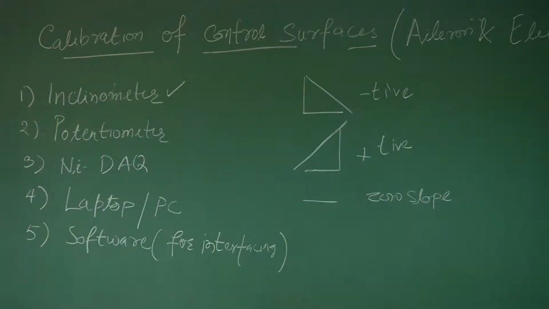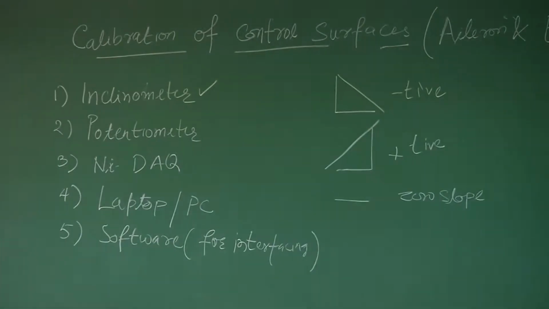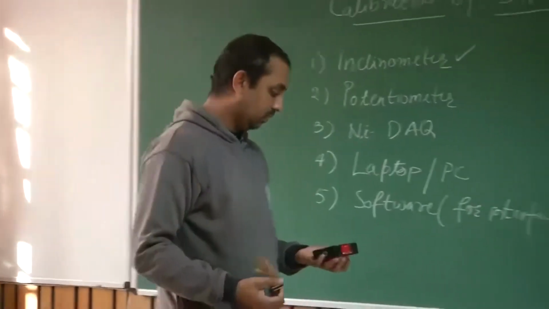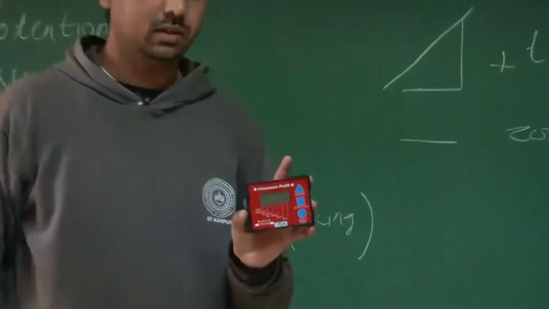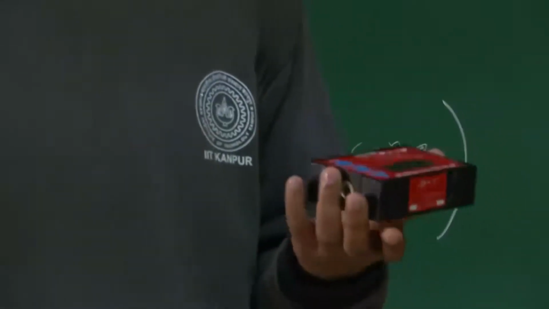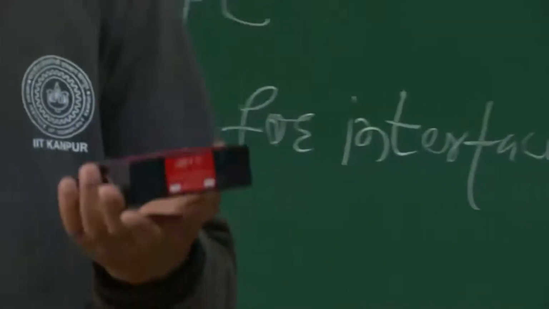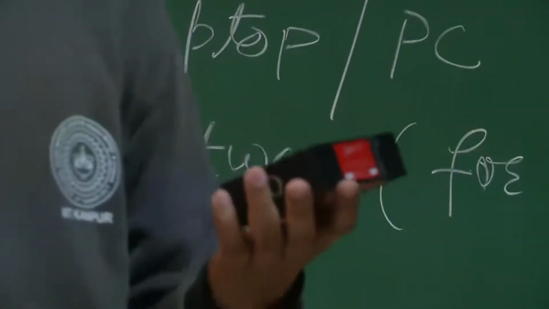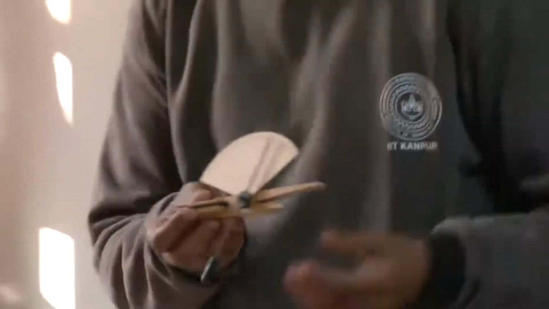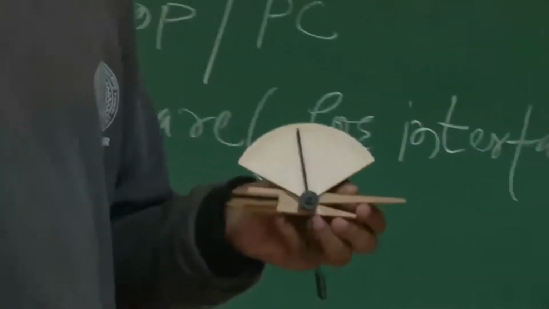Now in the experiment we have two different inclinometers. Now this being a digital inclinometer, as you know, digital instruments are quite accurate, so the accuracy of this digital inclinometer is quite high. And whereas this is your analog inclinometer.